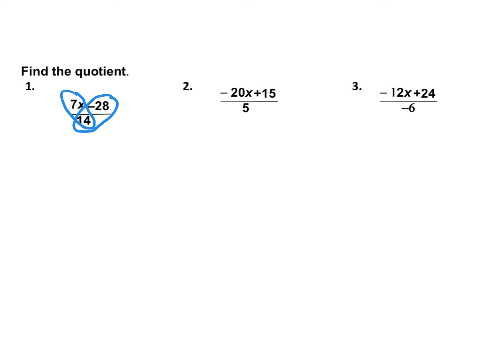Now, I think the best way for us to keep these, because we're going to be doing this when we start to graph, is not written as a decimal. Certainly, I could put 0.5x, but I'm going to keep it as a fraction.